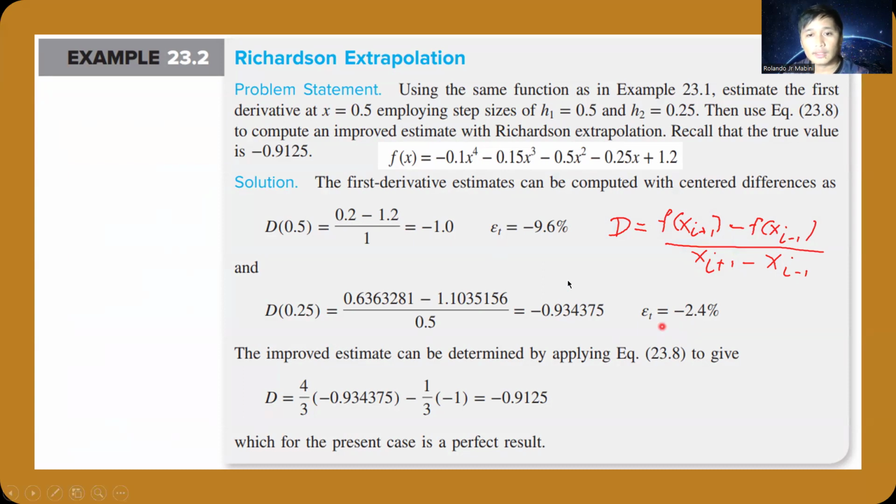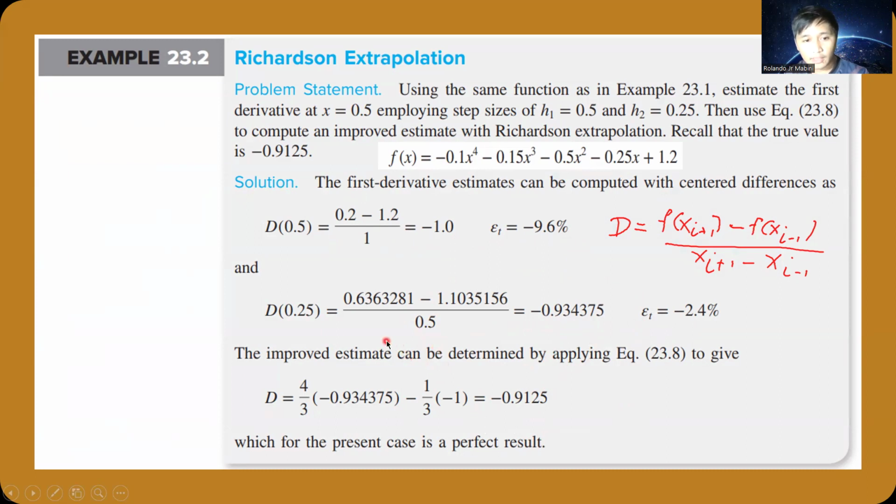And that's why we have also solved the values for the center difference here, for us to see when we calculate now the value by using Richardson extrapolation. So these are the values for the center difference.